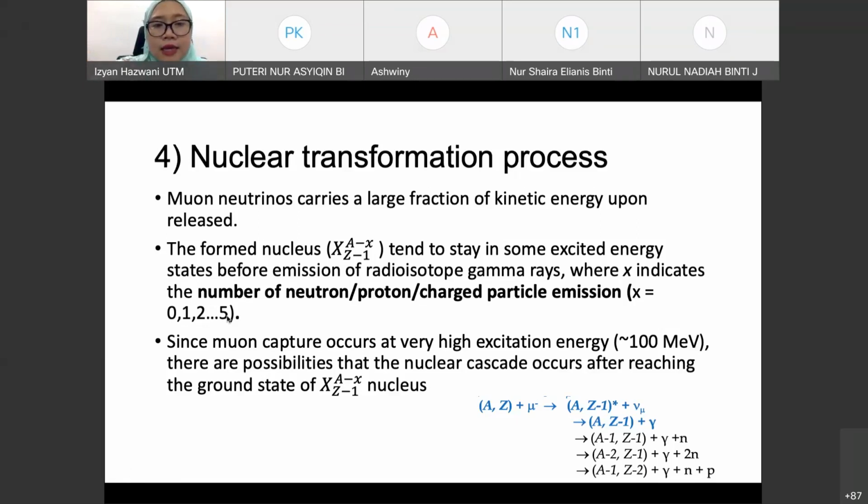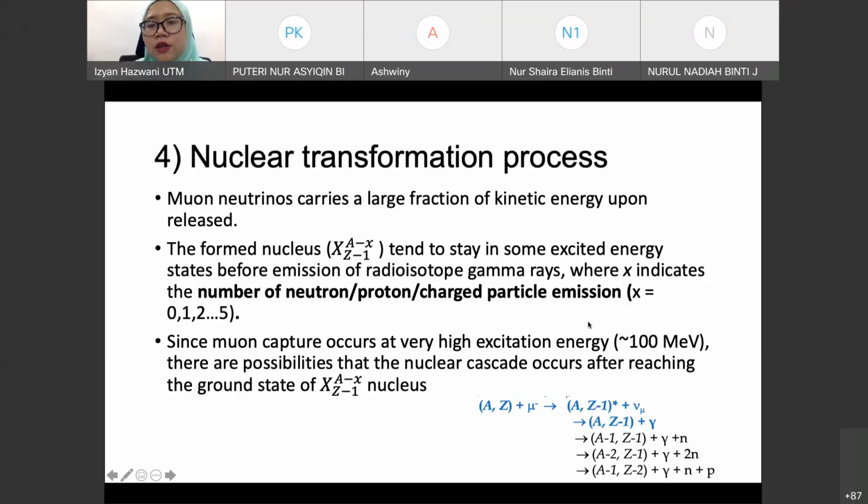Then this probability actually initiates the nuclear cascade inside the atom, where there is some possibility of A minus 1, Z minus 1 radioisotope gamma rays with 1 neutron emission, or 2 neutrons, or 1 neutron and 1 proton, and so on.